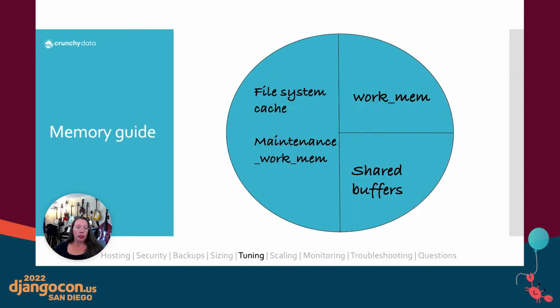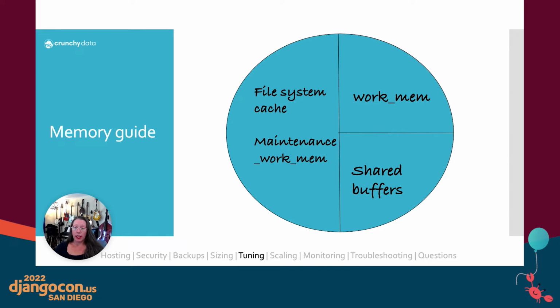So one thing that's helpful is to take a look at the Postgres memory usage. This is pretty simplified, but roughly half of the memory on your Postgres instance is going to be file system cache and the maintenance working memory. A quarter is going to be the working memory and another quarter is going to be the shared buffers. Shared buffers is a memory segment that's shared between all the Postgres backends. They're data blocks that have been read from the file system, and they coordinate the changing of data between all the processes.